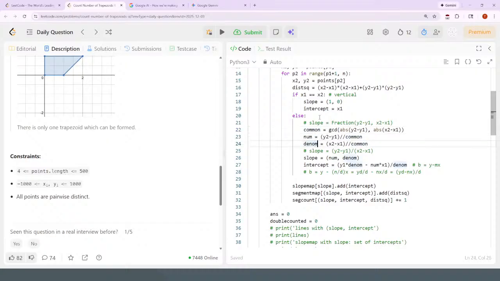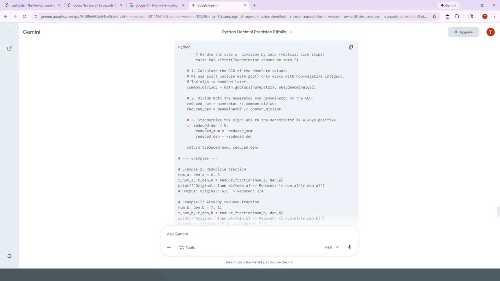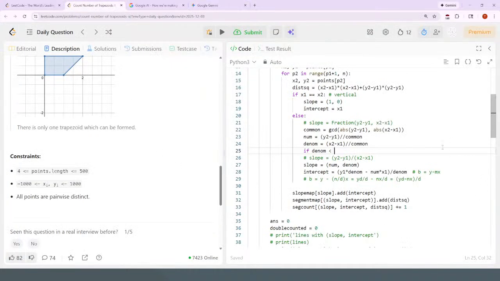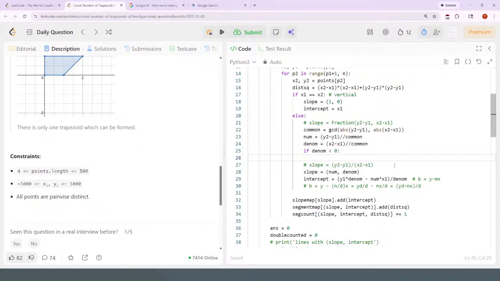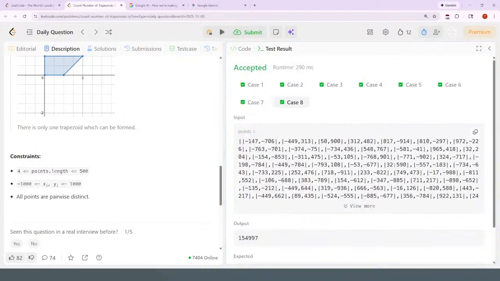So here it should be, if denominator is negative, then reverse them. If the denominator is negative, then numerator and denominator equals numerator times -1, denominator times -1. Okay, I think that's what was missing.